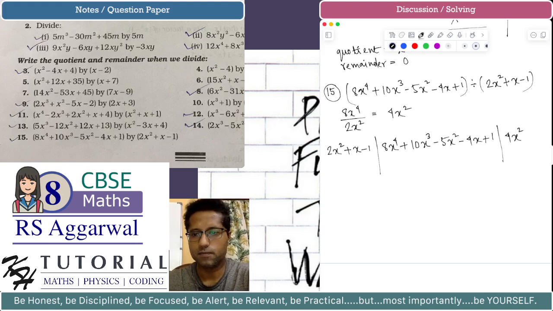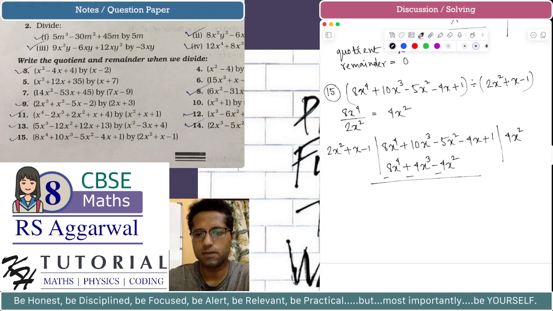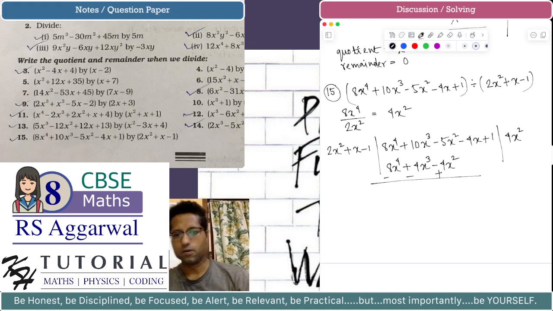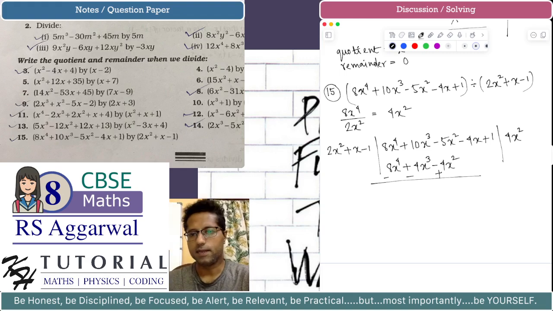So the product becomes 8x to the power 4 plus 4x cube minus 4x square. So the sign changes, minus minus plus. So 8x to the power 4 cancels out. 10x cube minus 4x cube is 6x cube.